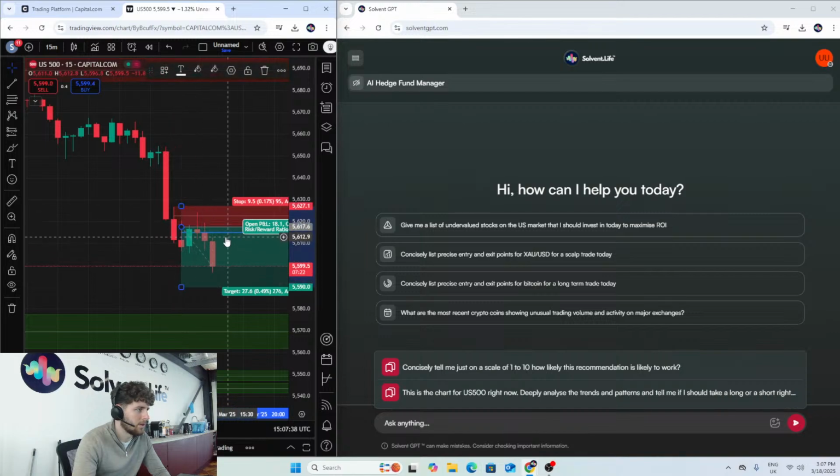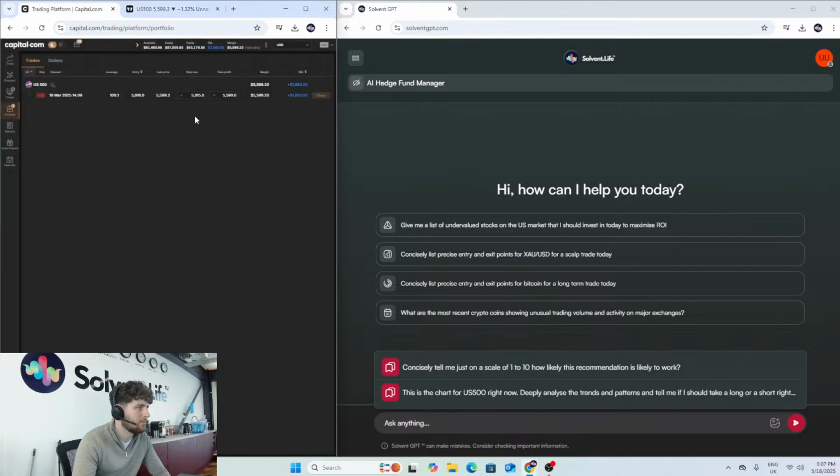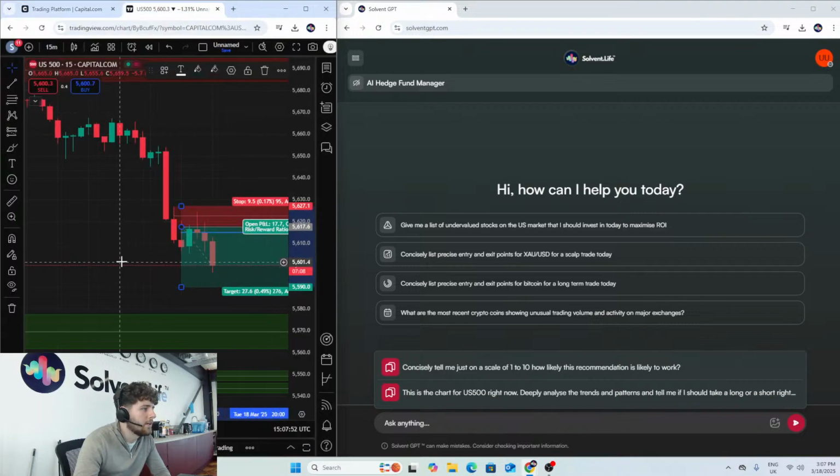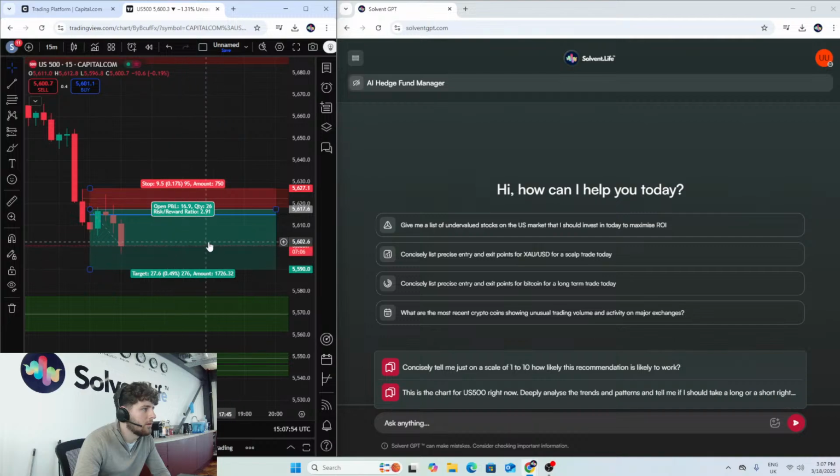I want this at 612, 613. $500 minimum, and that has increased our trade. Maximum amount we can make here, it's like 5,600.